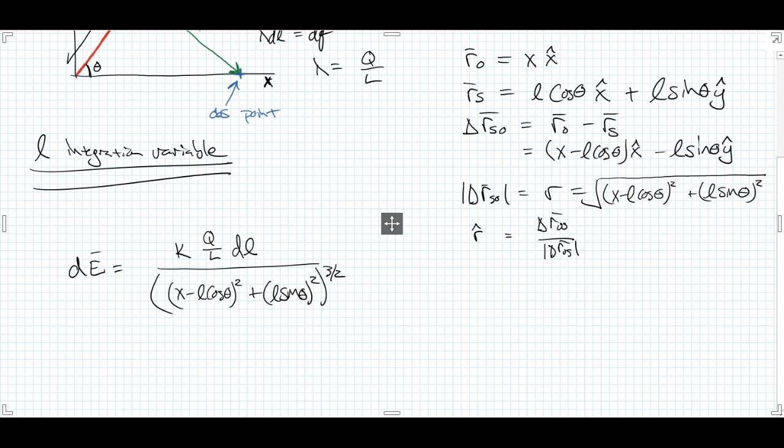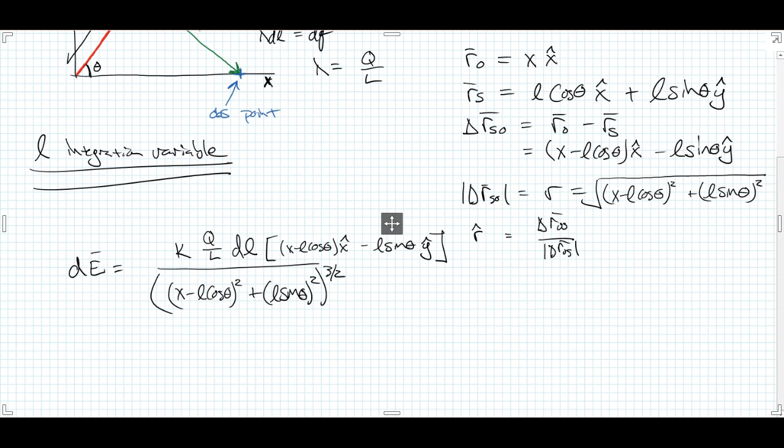And then I still have the direction piece that I need to tack on here, and the direction piece is just the displacement vector. There's an x hat and a y hat. All right, there we go.